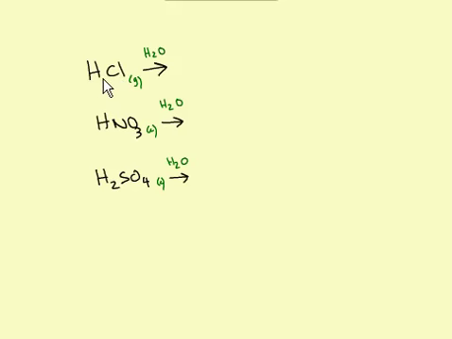Hydrochloric acid, just by itself, not dissolved in water, is actually a gas. It's a covalent compound, but because it's an acid, when it is dissolved in water, it dissociates into H+ (aq), the proton, and the chloride ion. So even though this is a covalent compound by definition, made up only of nonmetals, it is an acid in water.